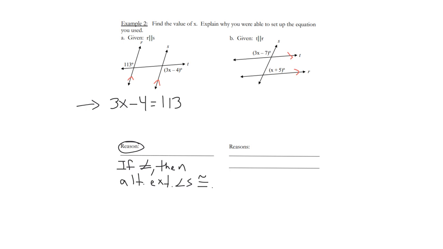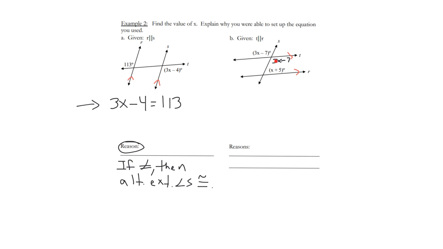So right now, we can't do anything with those two angles until we make a determination of a relationship that we know. So for example, the first thing I like to look for is vertical angles, like I mentioned earlier. So this angle here and this angle here are vertical angles. So I know vertical angles are congruent, so I could write that this angle right here is also 3x minus 7. Now, if that angle is 3x minus 7 and this angle is x plus 5, do these two angles have a special relationship?